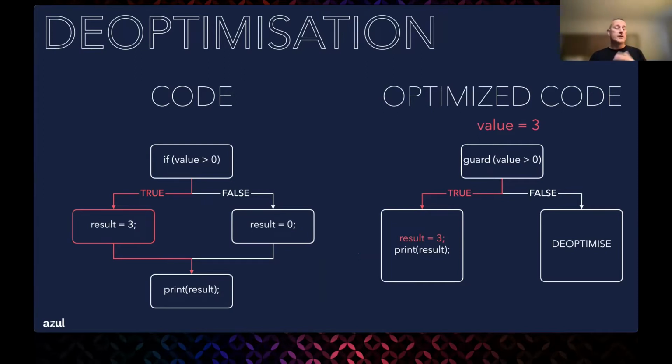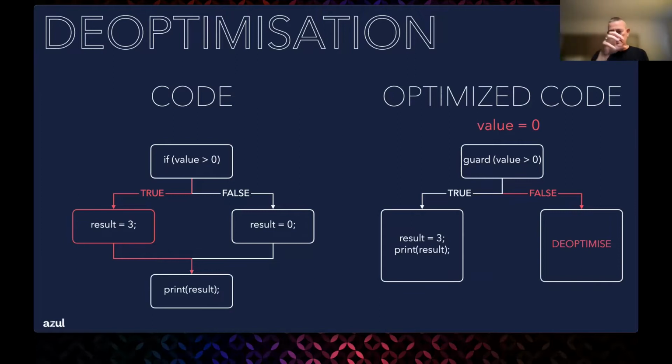If now, for whatever reason, we pass in a value that equals 0, then suddenly this optimized code is not valid anymore. So that means we compiled the code in C1 and C2 and optimized it and just said the result is always 3. But suddenly the whole thing is not true anymore.